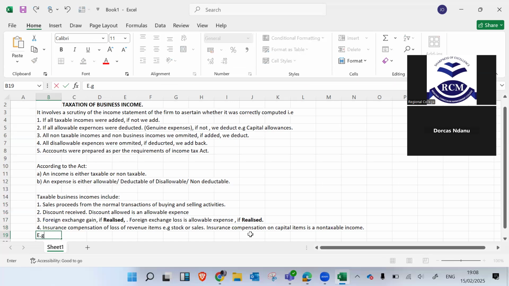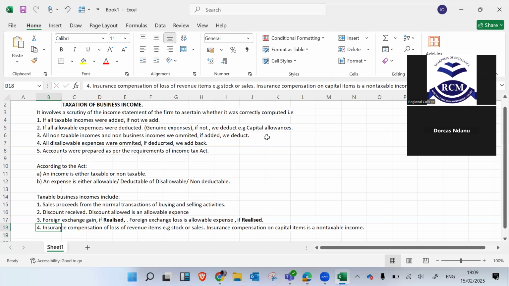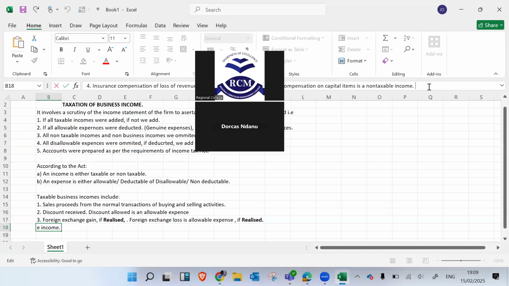E.g. loss of fixed assets. So basically capital items, this one you can just mention them here. So capital items that we talk about are the fixed assets. Fixed assets.